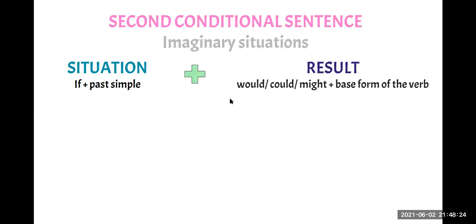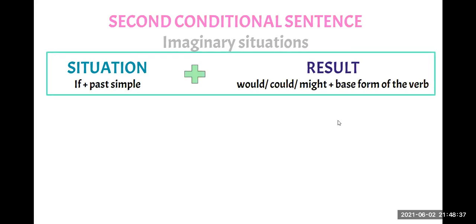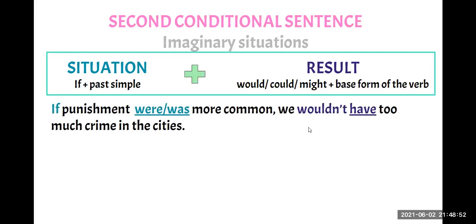In the result, we can use would, could, might, and the verb in the base form. So this is the structure you need to follow when you are using the second conditional for imaginary and real situations in the present or in the future. For example, if punishment were or was more common, we wouldn't have too much crime in the cities.